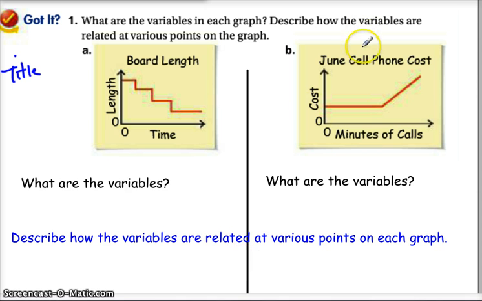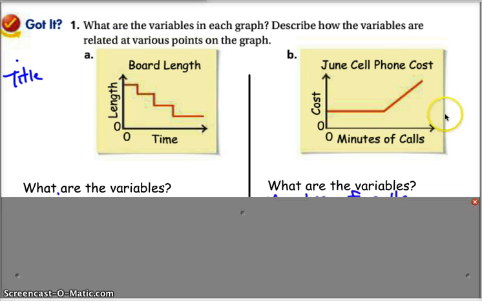That's up to you to write. In letter B, it's about June's cell phone cost. And what's happening here? Pause the video and just write down the variables and what you think is happening on each side of the middle line. Turn the video back on when you're finished.